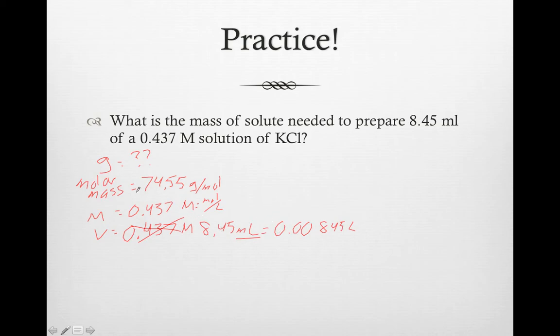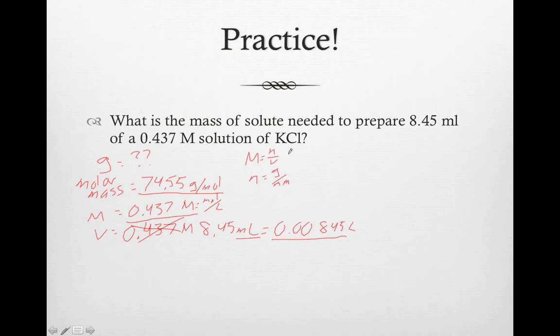So now I have a molar mass of 74.55 grams per mole, a molarity of 0.437 molar, or moles per liter, and a volume of 0.00845 liters. In my original equation, molarity equals moles over volume, and I know that n equals grams over molar mass, abbreviated MM.